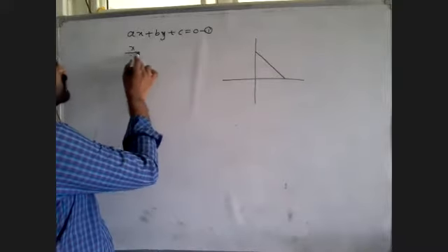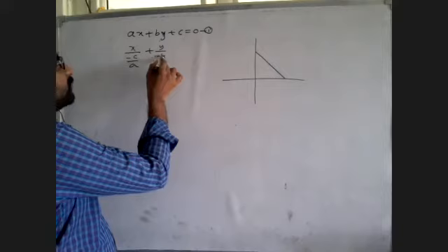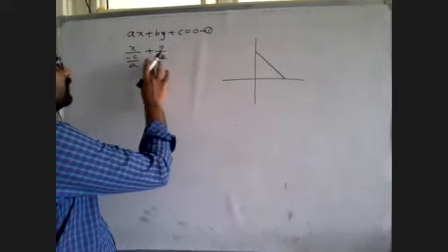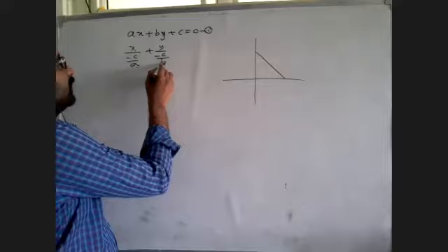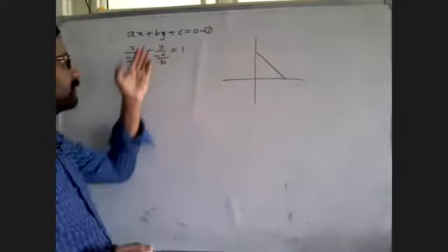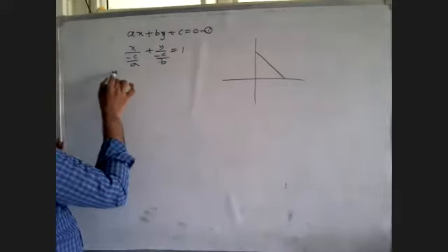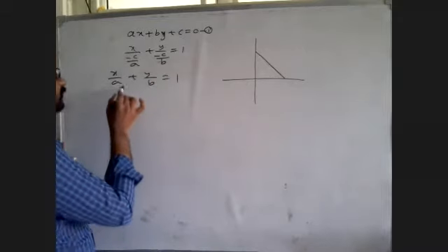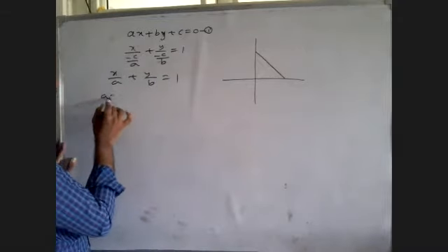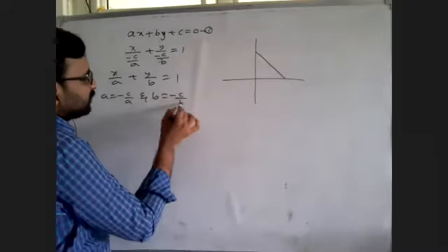Then you will get x by minus c by a, y by minus c by b is equal to 1. Converting it into intercept form, it comes like this, which is in the form of x by a plus y by b is equal to 1, where a value is what? Minus c by a, and b value is what? Minus c by b.